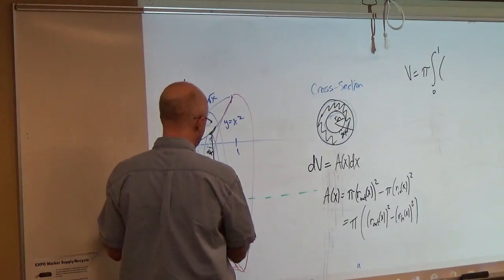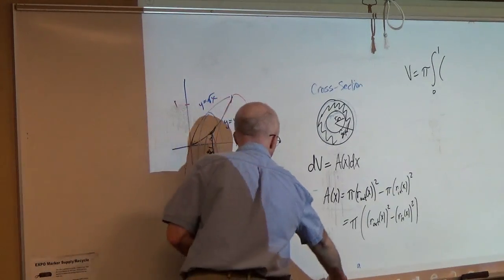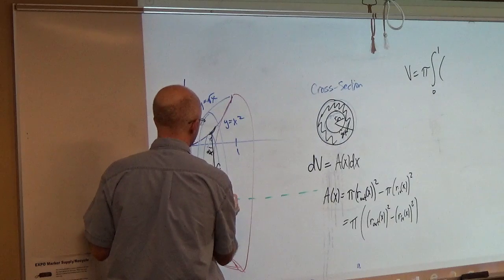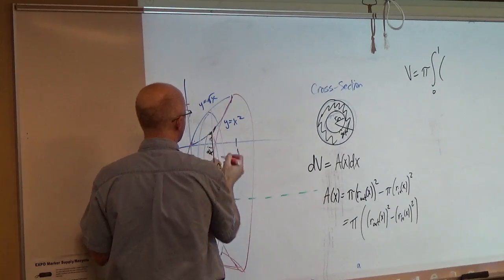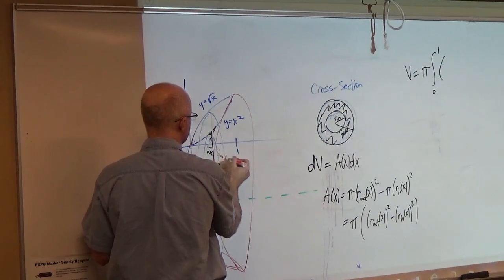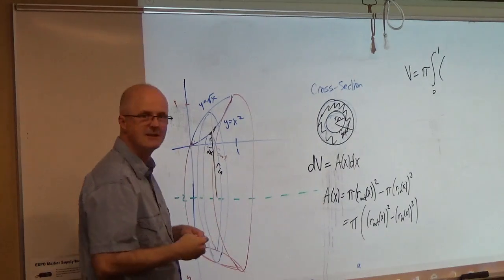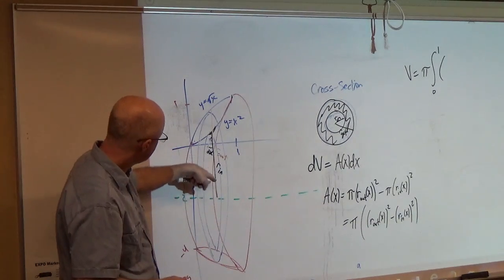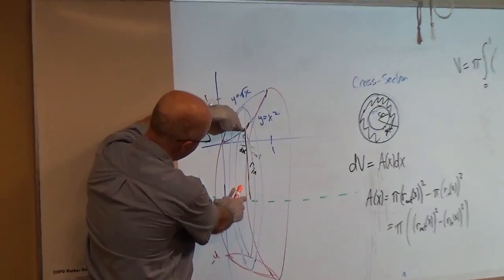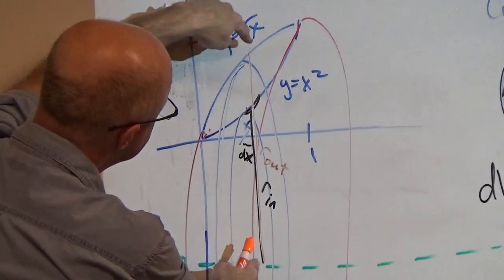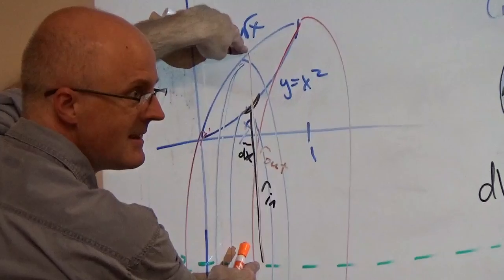And the distance between that line and the upper graph is r out. Zoom in if you need to see that more clearly. So that distance right there, that's r in. This distance right there, that's r out.